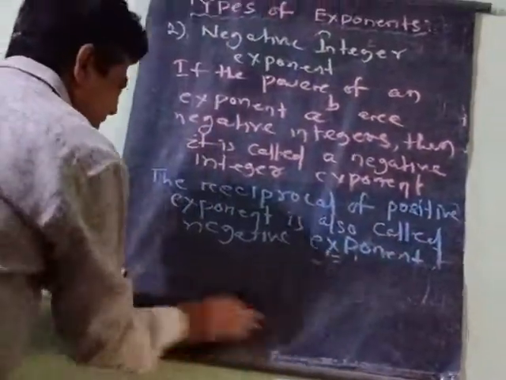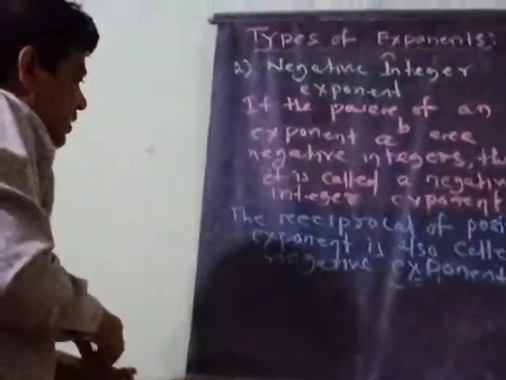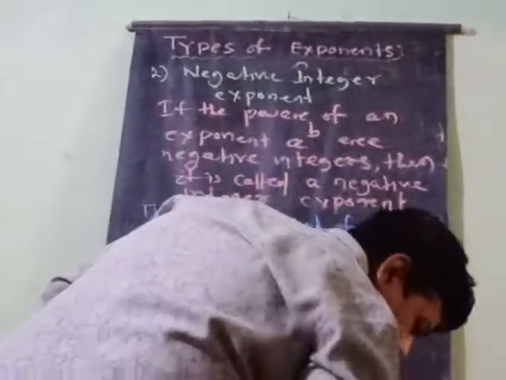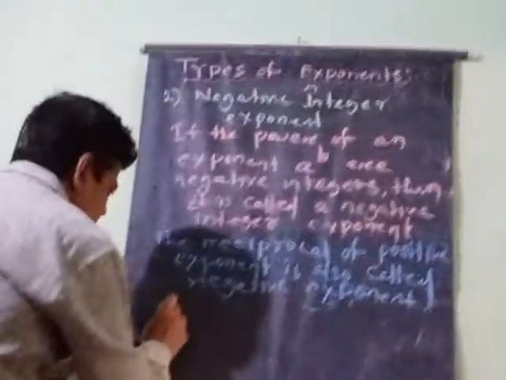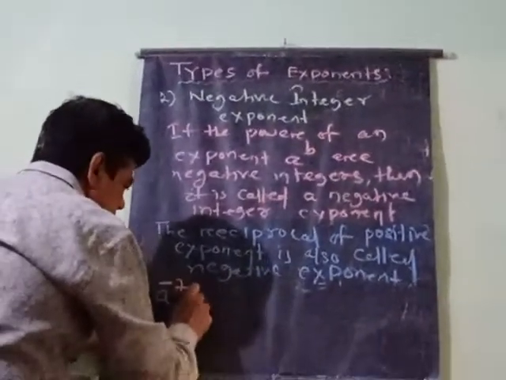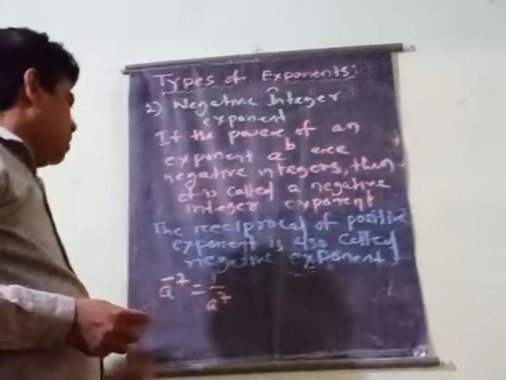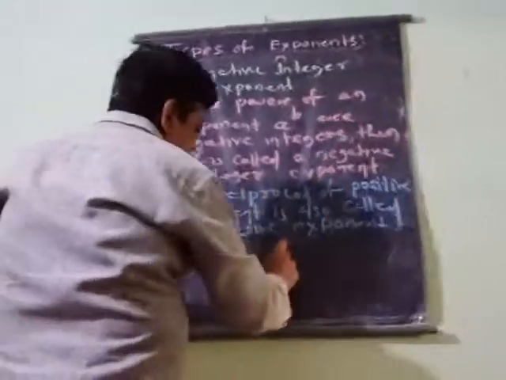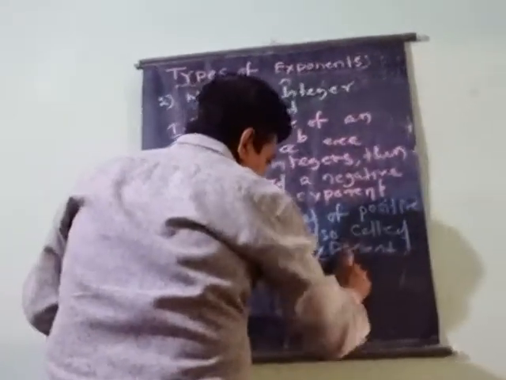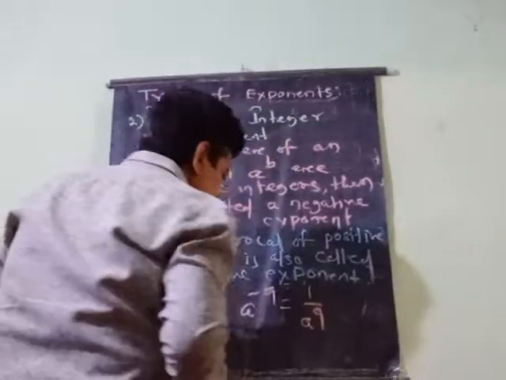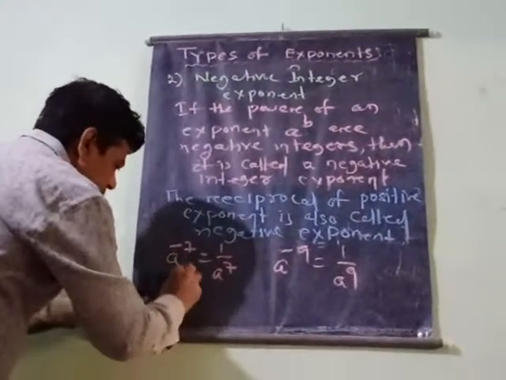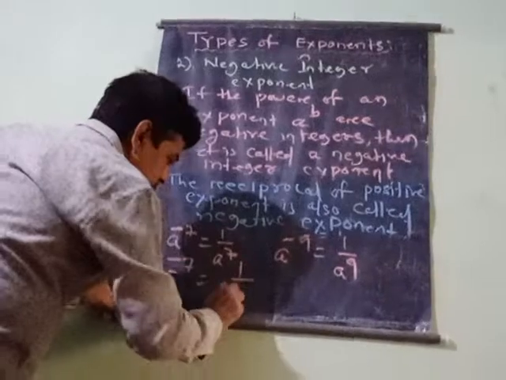Is it clear, everybody? Okay. Let us see. Suppose I am writing a to the power minus 7, 1 upon a to the power 7. So reciprocal of 1 by a to the power 7 is equal to what? A to the power minus 7. A to the power minus 9 is equal to 1 upon a to the power 9. Understand? 5 to the power minus 7 is equal to 1 upon 5 to the power 7.